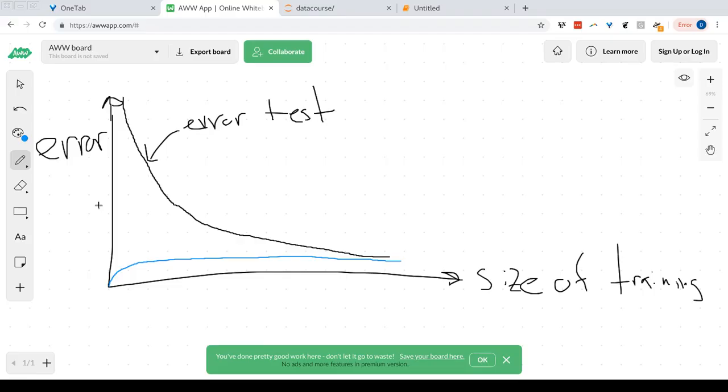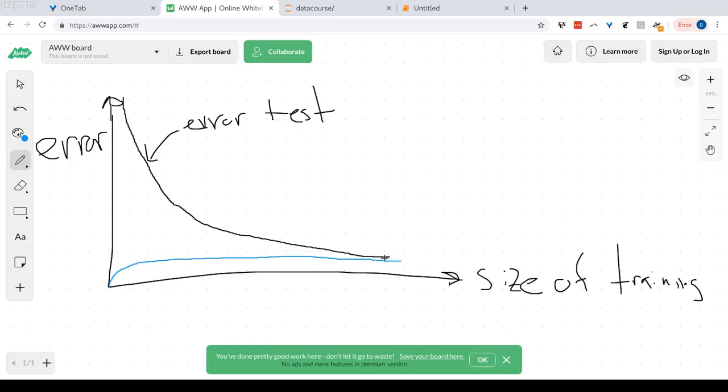Yes, there might be some weird occurrences where it just so happens that the test error is smaller than the training error, but for the most part, the training error will be less than the testing error, which makes sense because the training error is the error it incurred on the observations it learned from, the observations it saw the answer to. So it should do better on that set than on the testing set. So we generate these two curves, and we know that they will not intersect.